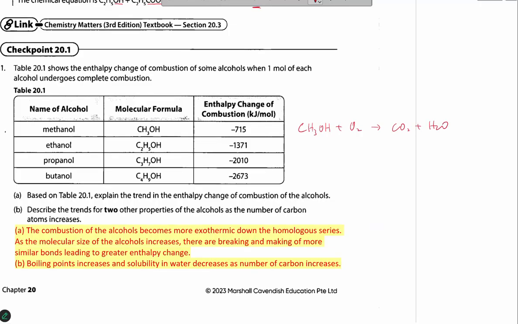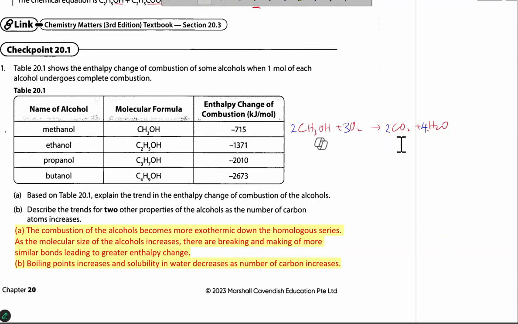Alright, let me try to balance this. It looks like I need to multiply by 2 throughout. Let's put a 2 in front. 2, 2, 4. So down here I will have 2, 8, 3.